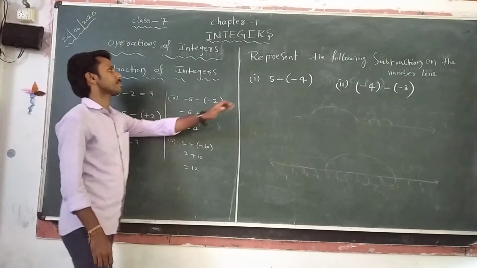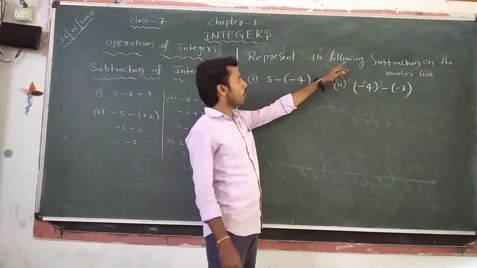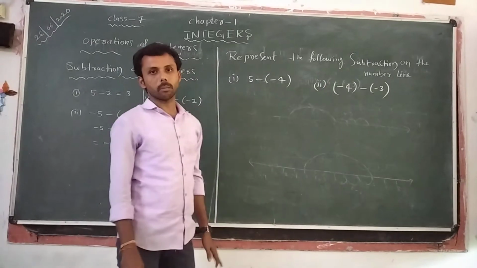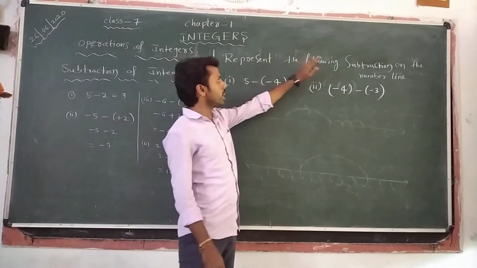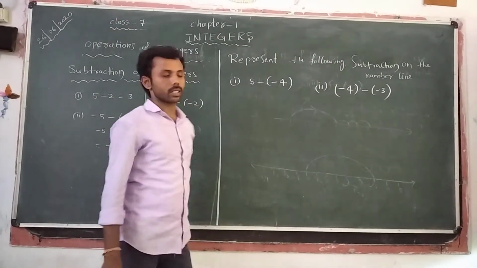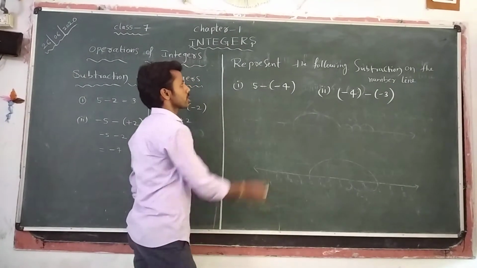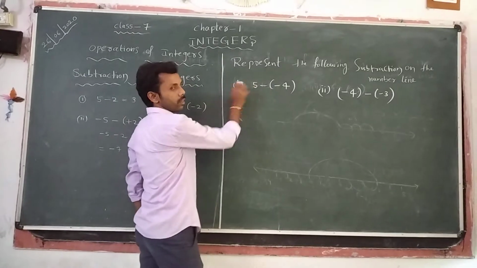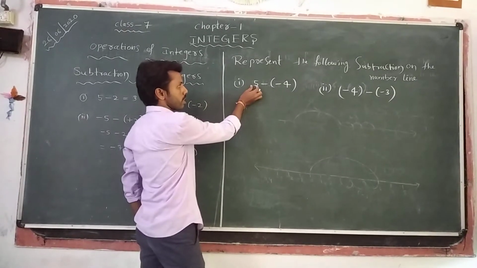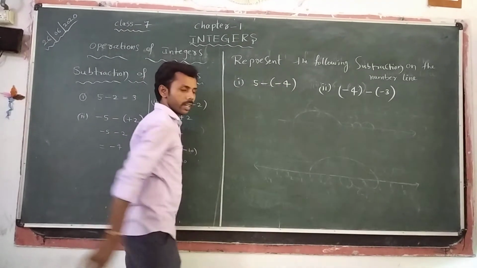Okay, next one: represent the following subtraction on the number line. 5 minus minus 4. So minus 4 is subtracted from 5. 5 is a positive integer and minus 4 is a negative integer.